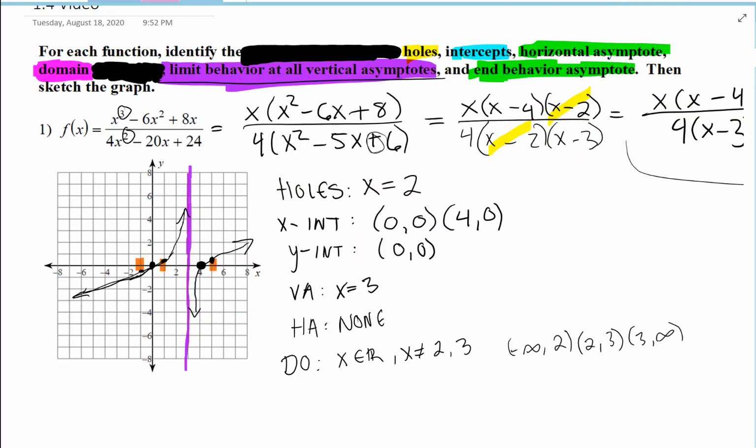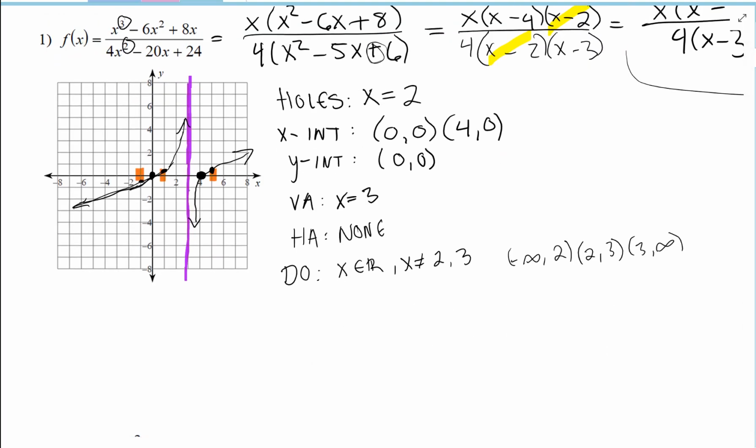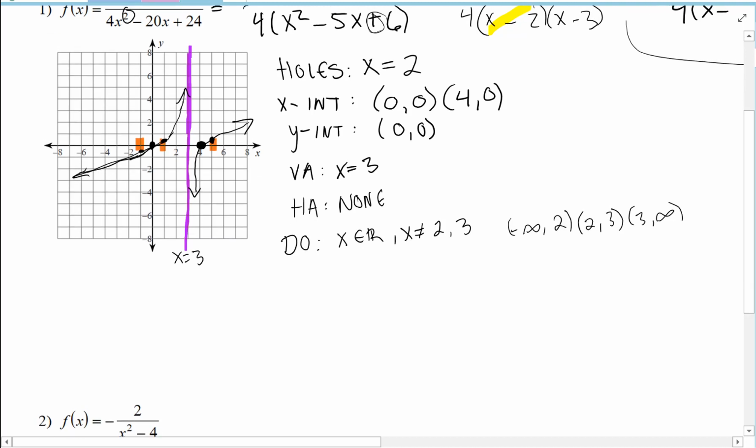They've also asked for the limit behavior at all vertical asymptotes. So we only have one vertical asymptote at x equals 3. And what is happening is the limit as x approaches 3 from the left of the function we started with, so f of x, what is that approaching?